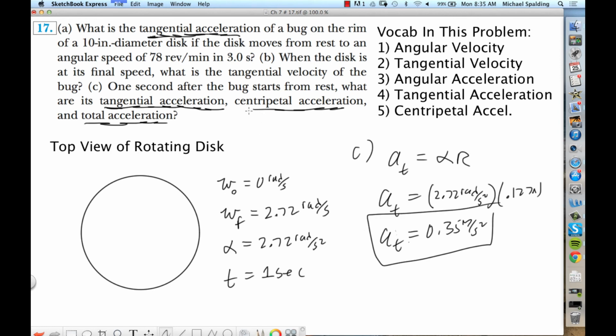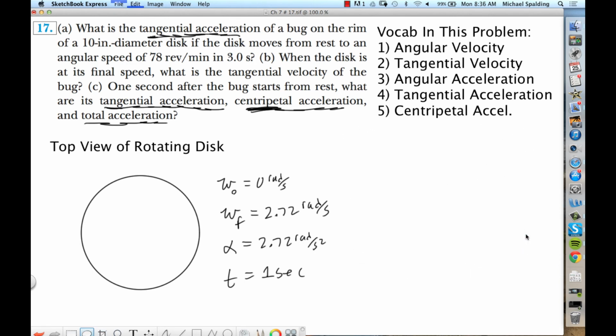Okay, centripetal acceleration. Do we have an equation for centripetal? We do. What's the equation for centripetal? V squared over R. Now, do we know the tangential velocity at t equals 1 yet?